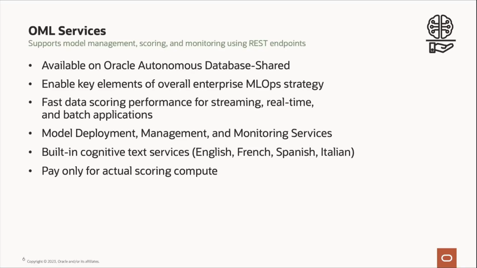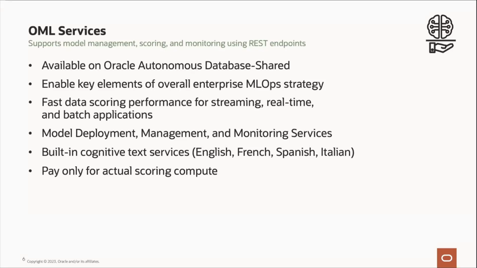One of them being that OML Services is optimized for fast scoring performance for your streaming, real-time, and batch applications. We also have built-in cognitive text services for a couple different languages there. And a very important thing to note with OML Services is that you only pay for actual scoring compute when you score on the service. There's no hidden fees that come along with using the service. You're just paying for the scoring compute for it. So that is very important to note.